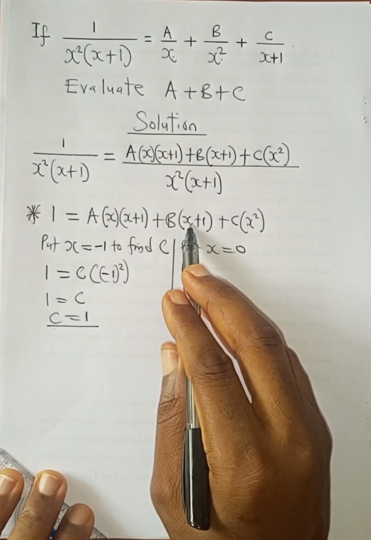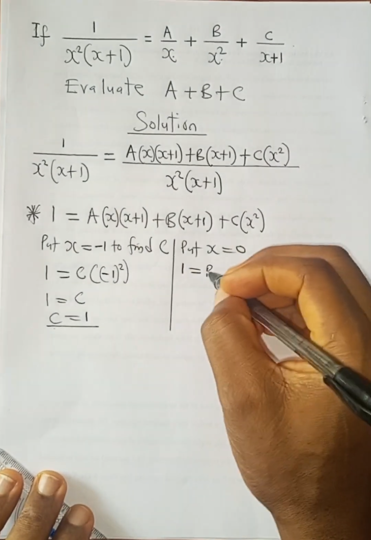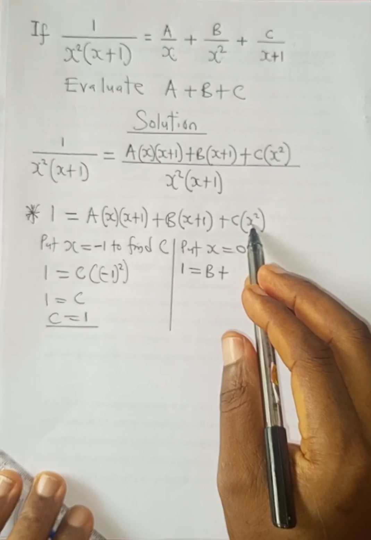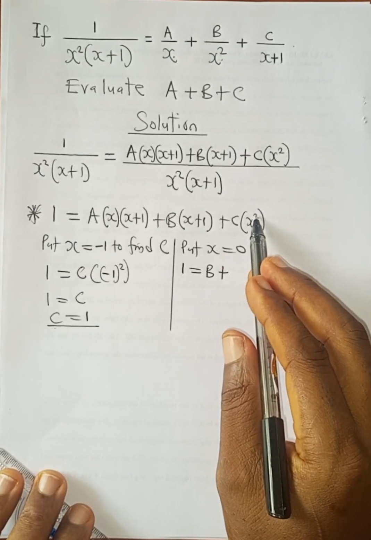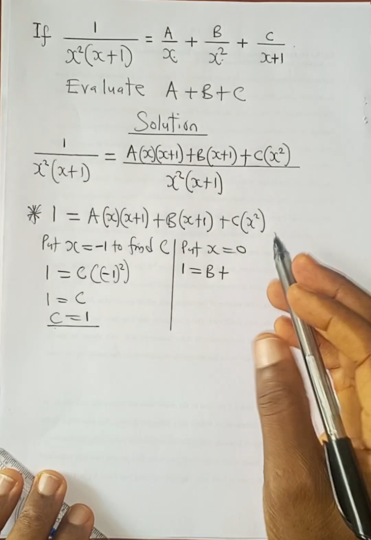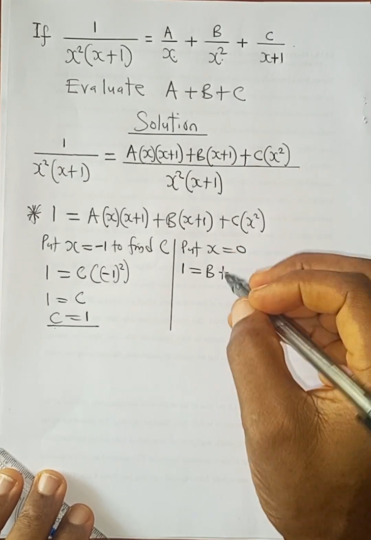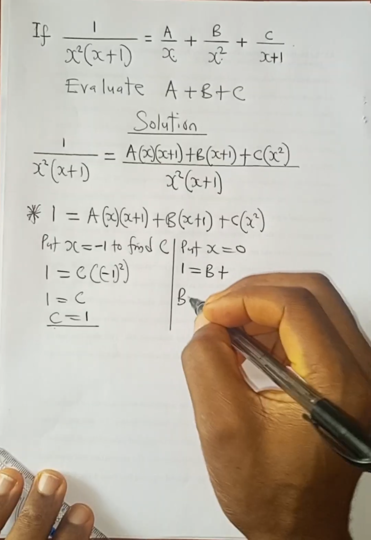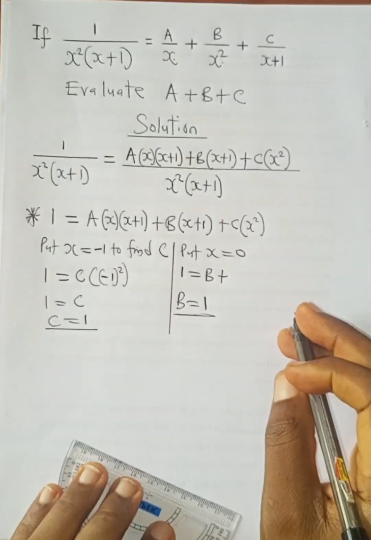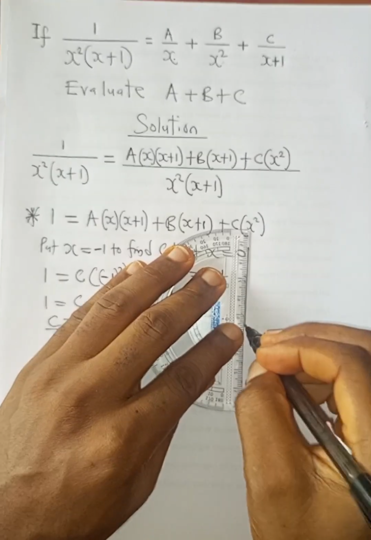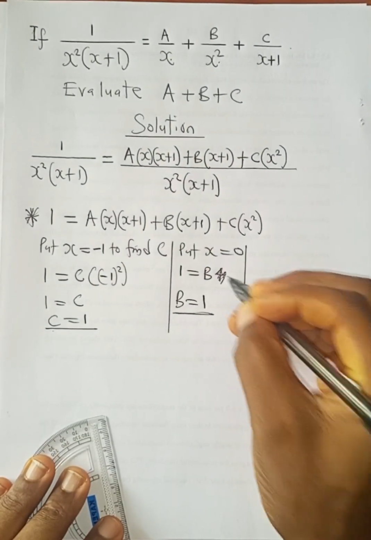If here is 0, 0 plus 1, 1. 1 times B, B. If here is 0, 0 squared is 0 times C is 0. So that side is 0 too. So we are left with B is equal to 1 also. Can you see that?